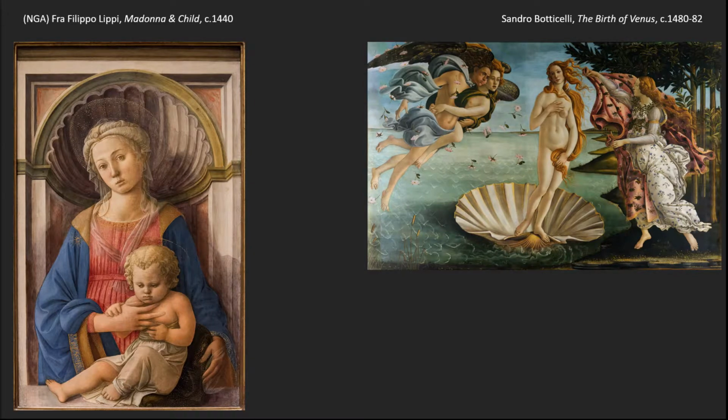Now, for Christians, this made a nifty metaphor, because the Virgin Mary, according to the theology of Immaculate Conception, was herself sort of miraculously born. She was also associated with the sea. She's also associated with love. Venus is the goddess of love. The Virgin Mary brings love to mankind, spiritual love.